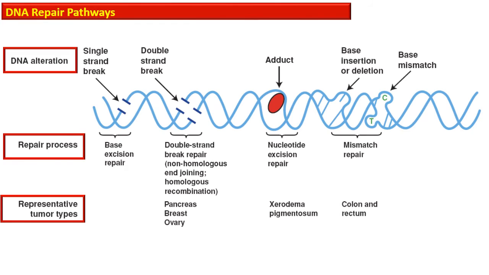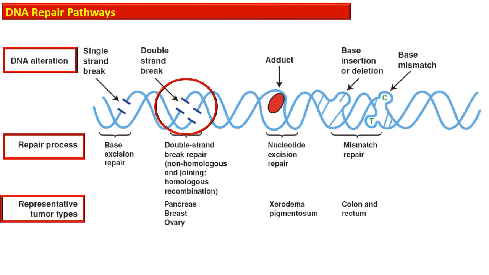This illustration describes the DNA alterations that result from various kinds of stress, and the repair process associated with each alteration. There may be a single strand break that is repaired by base excision repair, or a double strand break that is repaired by double strand break repair.